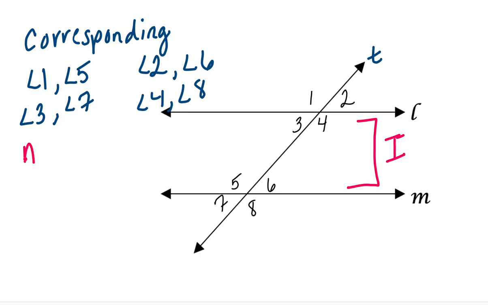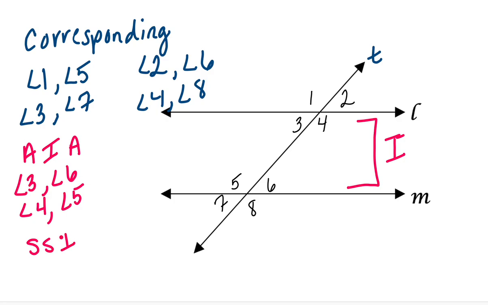We have alternate interior angles, which we'll abbreviate AIA. So they're on the inside, on opposite sides of the transversal. So we would have angle 3 with angle 6 and angle 4 with angle 5. We also, though, have same side interior angles.